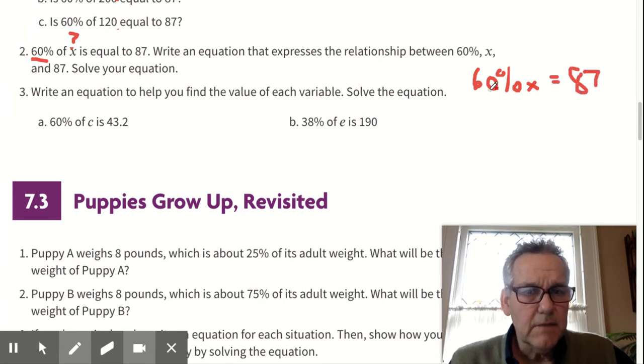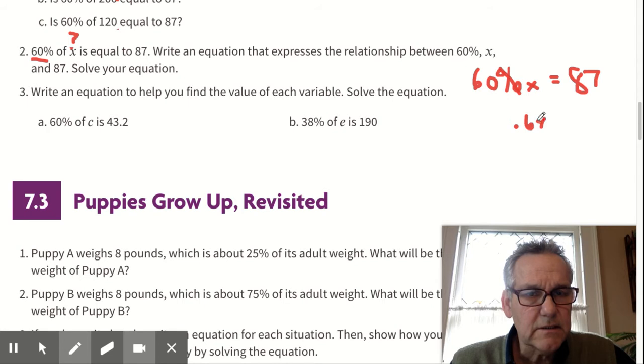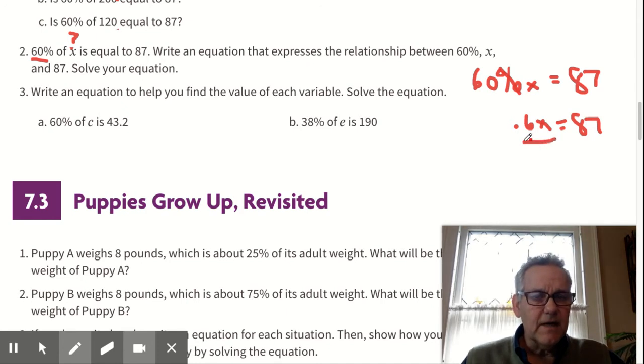So I'm going to convert the 60% into a decimal. It's quite easy to do. I get rid of the percentage symbol and I divide by 100, so it's 0.6. So this amounts to 0.6 times some number equals 87. Well, I know if I divide this side by 0.6, that factors out to 1.